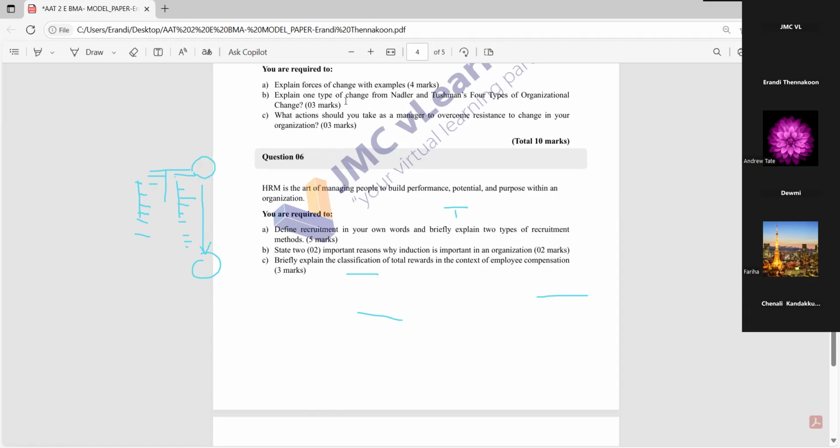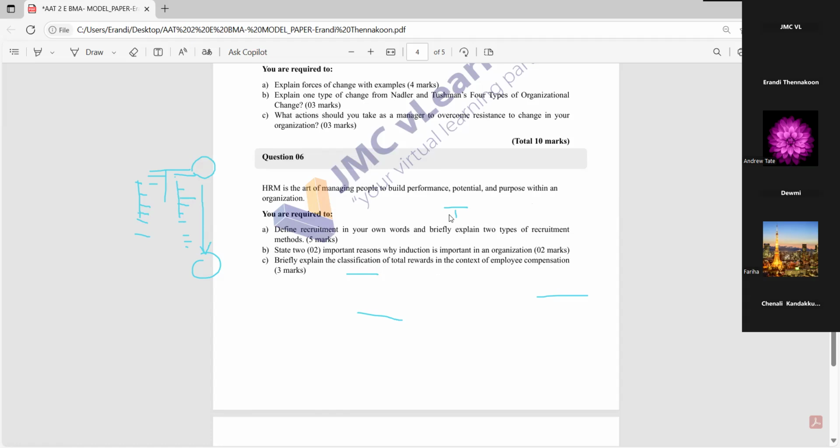Like in the above question, Nadler and Tushman's 4 types of organizational change, sorry, those forces of change, right? You can use a table here. You can write internal recruitment and external recruitment on the two sides, and then explain and give examples, right? And give a brief introduction for these two, right?